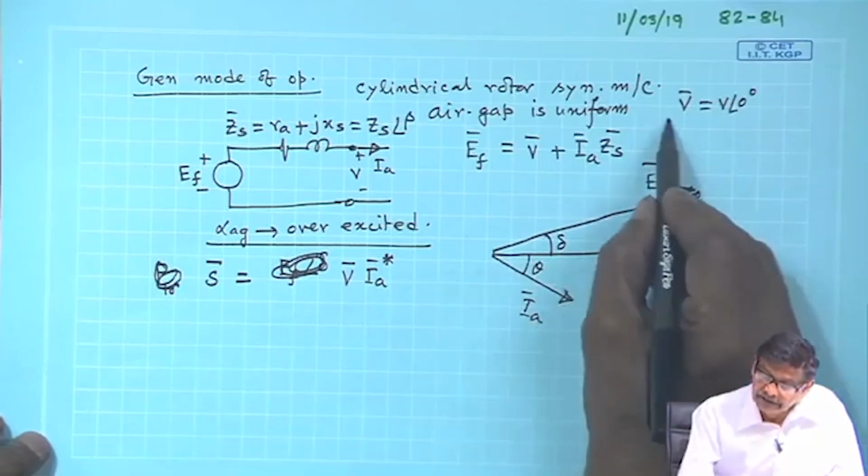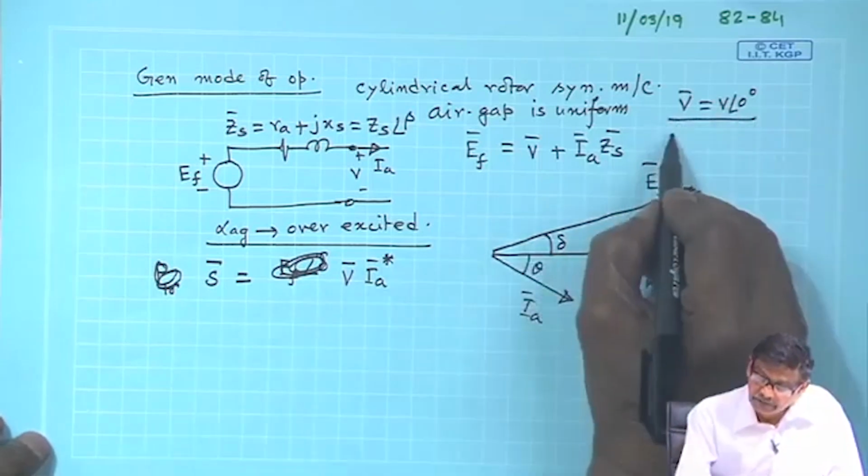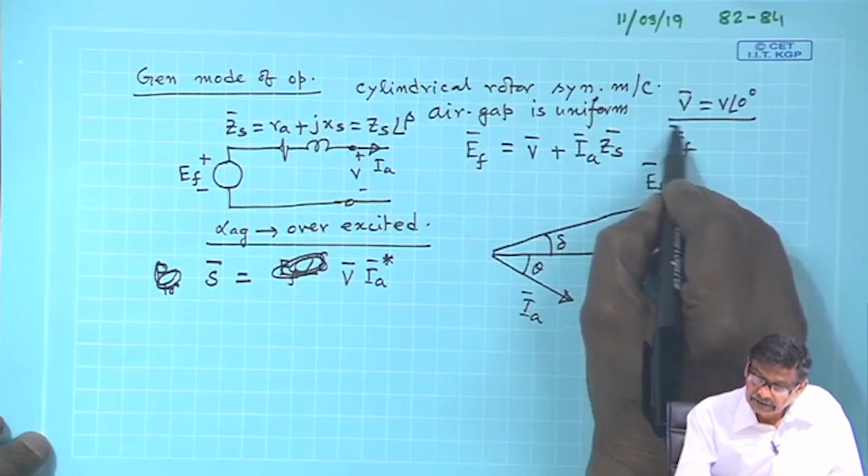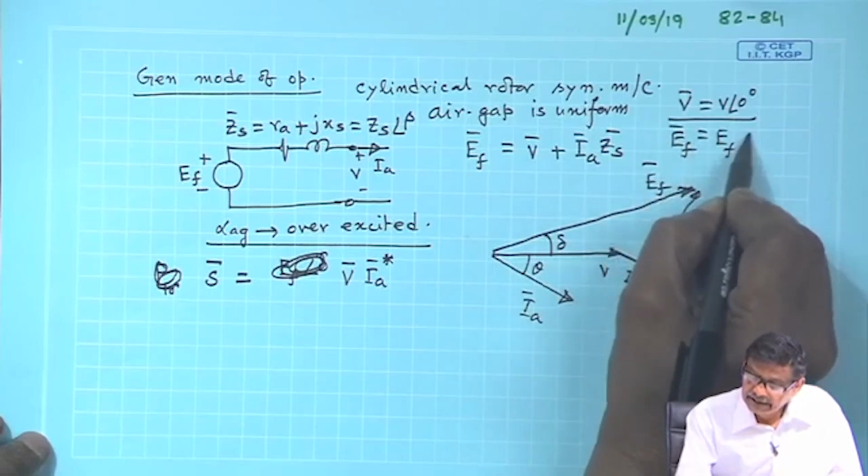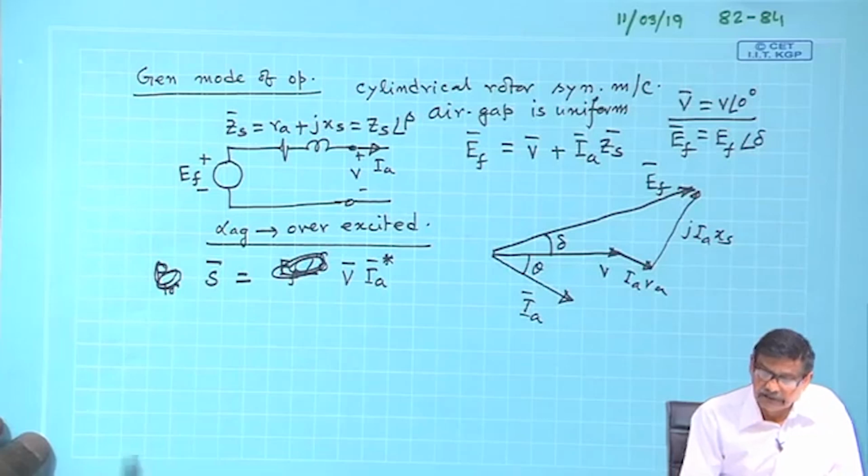And since V is V angle 0, we know that E f can be written as E f angle delta, where delta is a positive number.